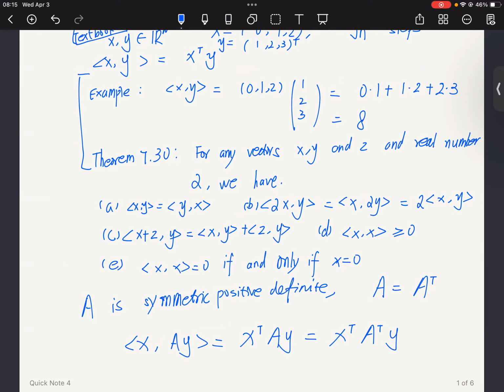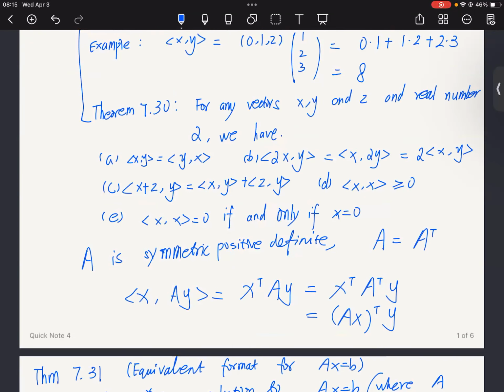X transpose times A transpose equals AX transpose, times Y, and this equals AX, Y. Does that make sense? So we have a conclusion that X, AY equals AX, Y. By definition, this inner product is just X transpose AY.